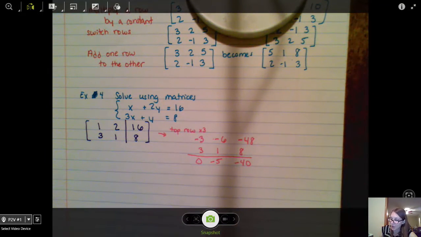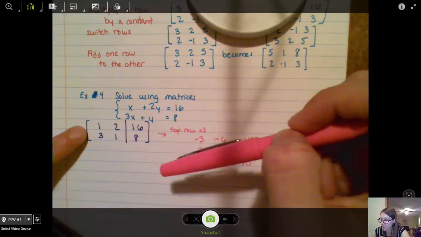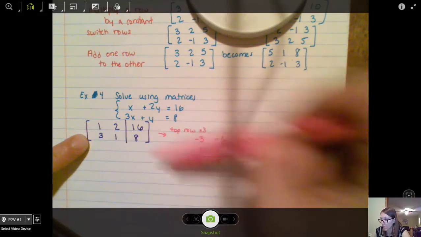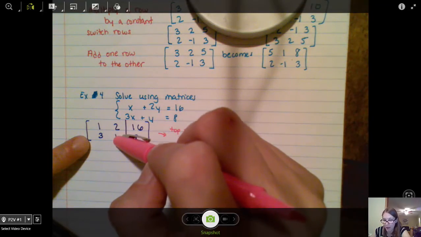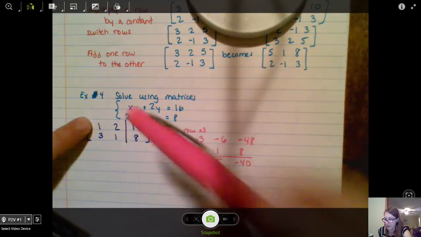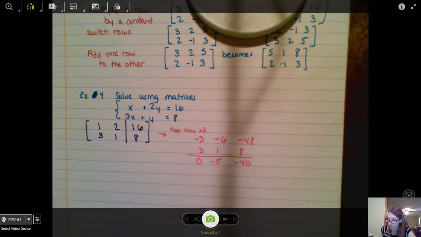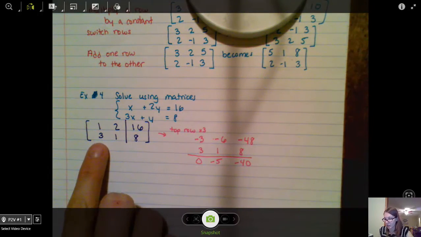All right, now this row that we got after we combined doesn't necessarily have to replace our top and the bottom stays the same. We could have this replace the bottom and make the top row stay the same. So that's what I am going to choose to do because I know I want to have this 0 and I know I want the bottom left corner to be a 0.